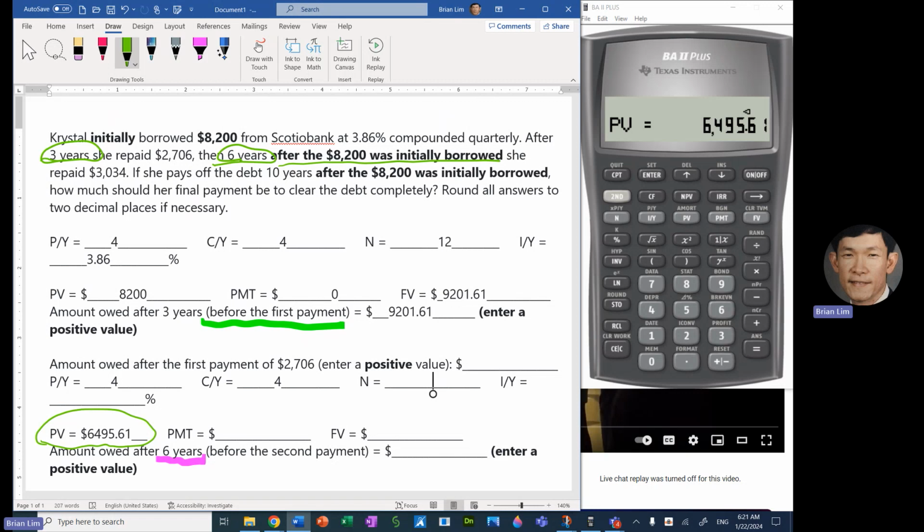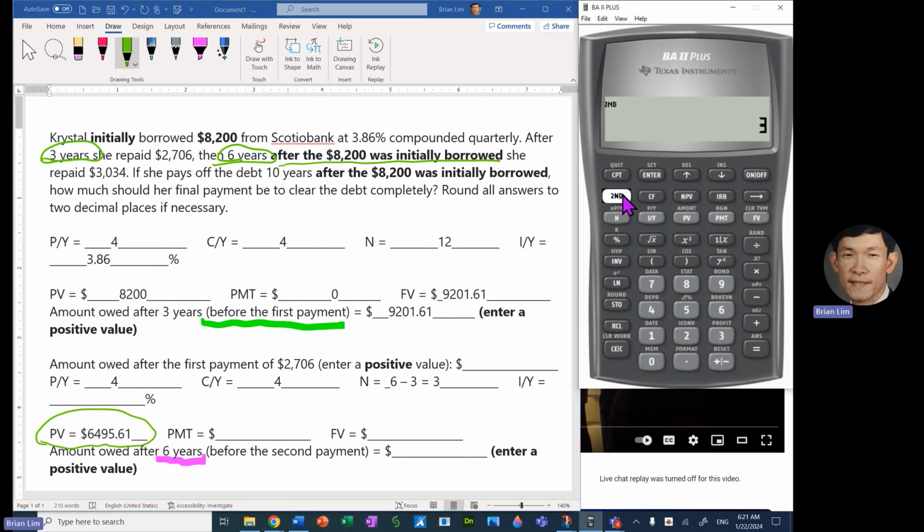So to get at N, we go 6 minus 3, and that is equal to 3. Now it's 3 years. So that's the number we take and put into here for N.